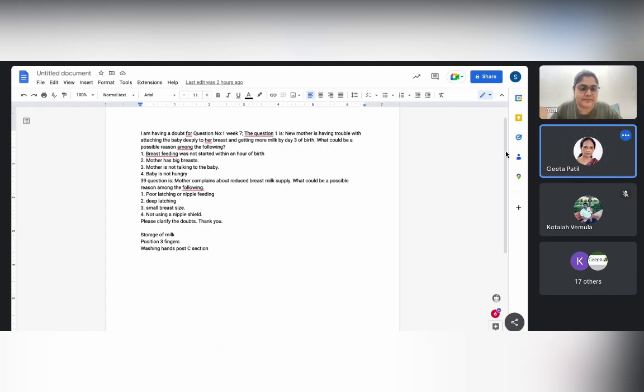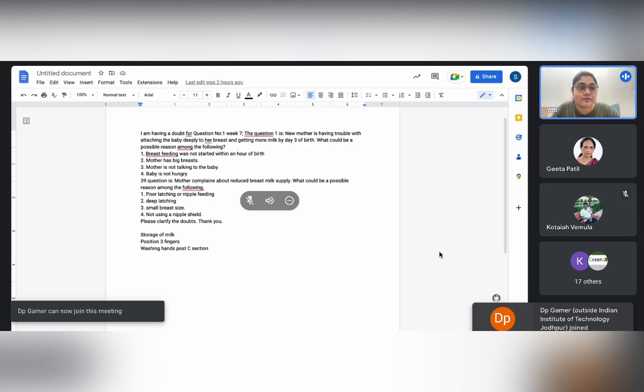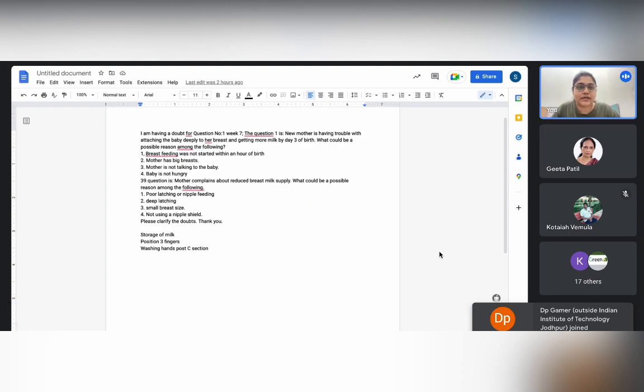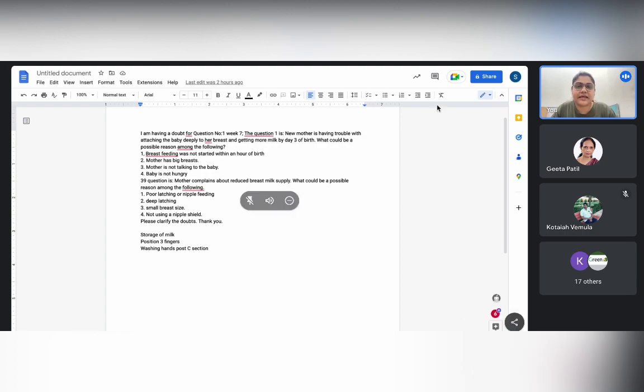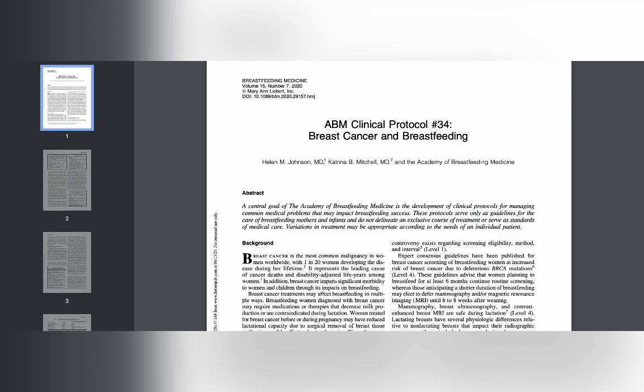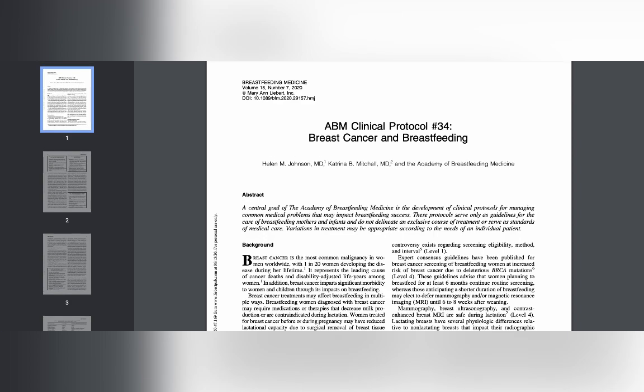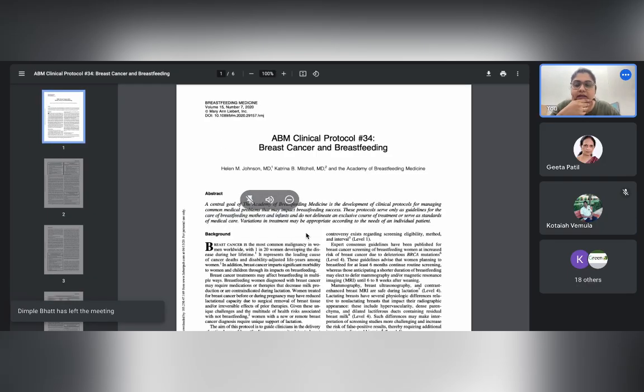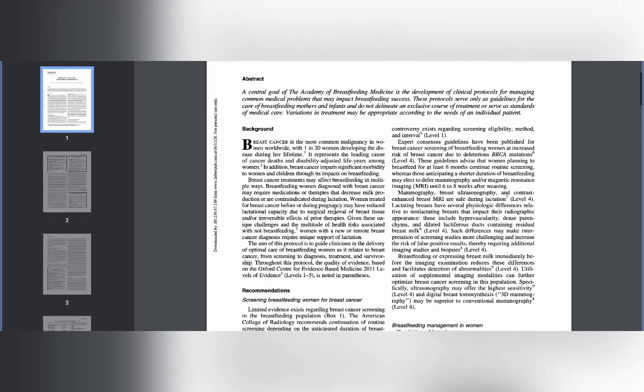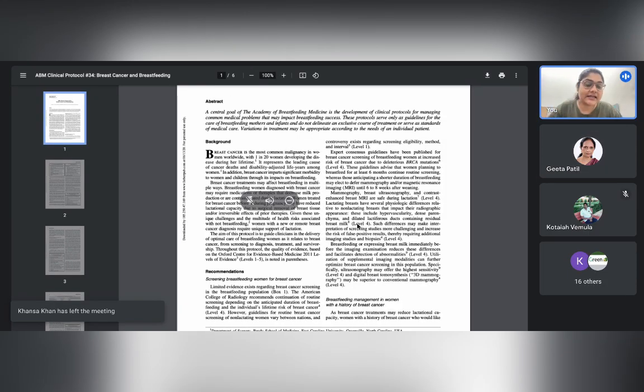Okay, thank you. And also, somebody had raised a query regarding whether cancer patients are capable of breastfeeding or not. So, maybe I can just share it. Is the document visible? Yes. So there was a query regarding whether cancer patients or patients who are undergoing chemotherapy at the moment are capable of breastfeeding or not.